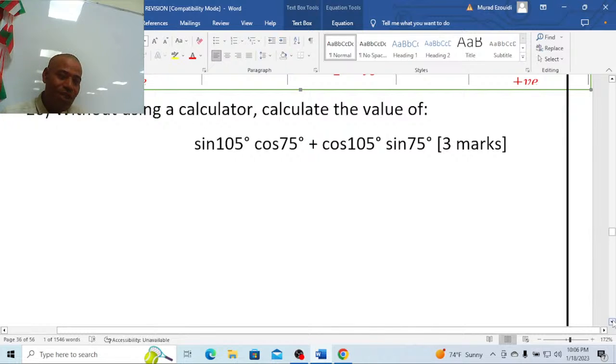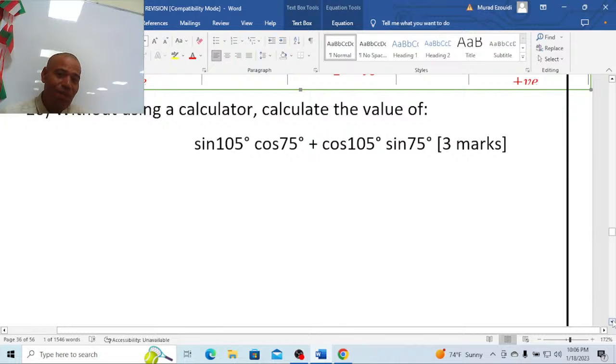Knowing that, learners, the sine A plus B is what? You are going to use the expansion of cosine or the expansion of sine. You should decide which one it is.